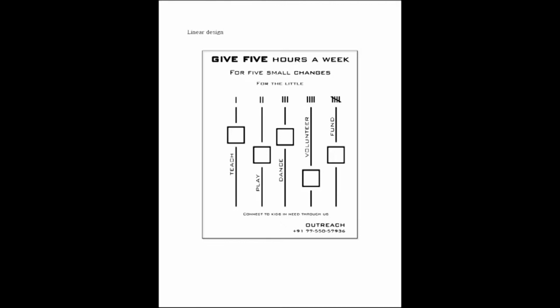Printing, you print from left to right. This is from top to bottom, and even the numbers that I've written, there's 1, 2, 3, 4, and 5 different things that the elderly can do for the kids. So even the numbers are in Roman format. They're not the usual 1, 2 that you use.